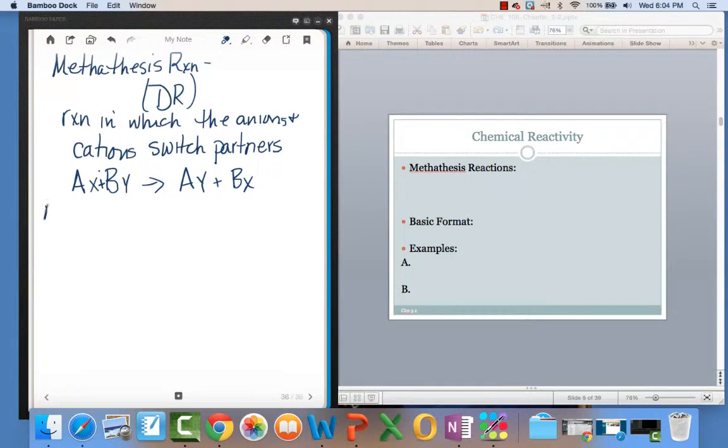Two examples. First one, let's do silver nitrate and salt water, and that's going to produce AgCl and NaNO3.